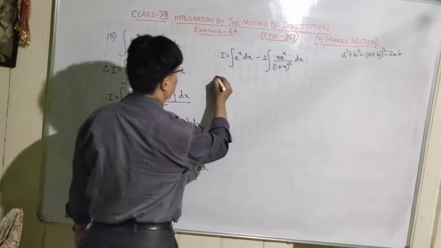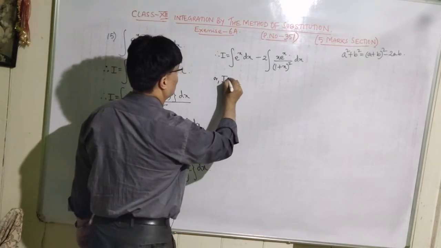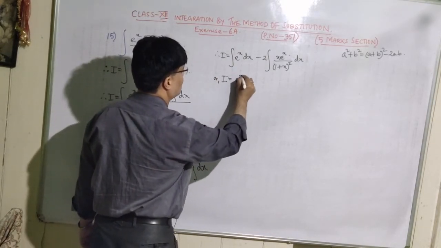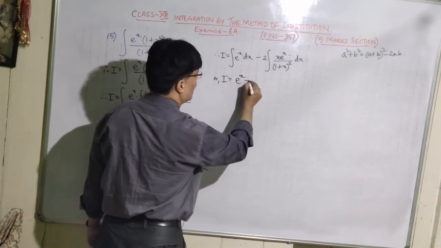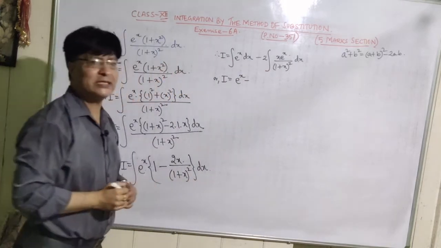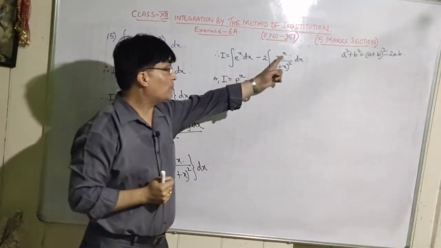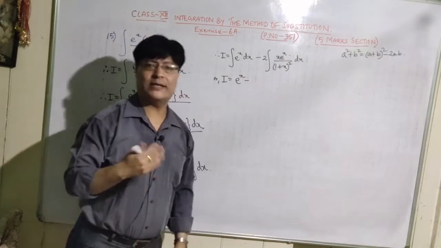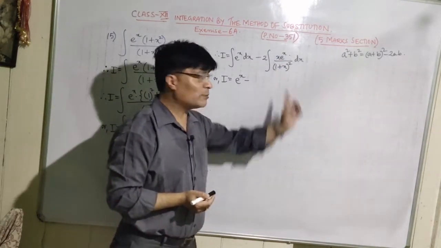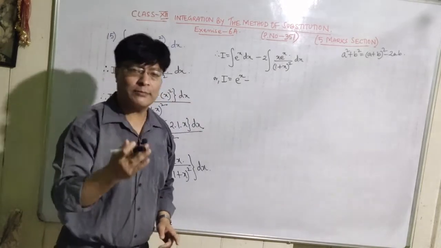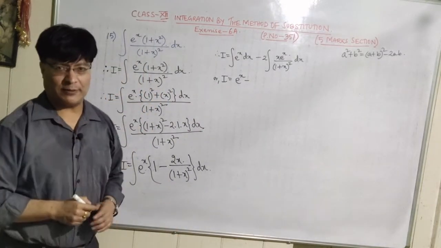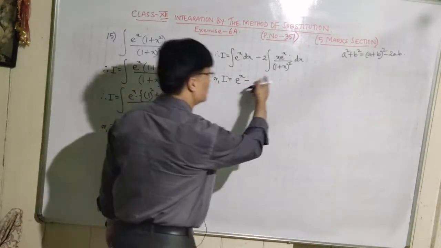Okay? So I is equal to, what is the integral of e to the power x? E to the power x minus, now this is 2 integration of x e to the power x divided by (1 plus x) whole square dx. Now this problem is same as the problem that we have done in the previous problem. Okay, so we can use that method here.